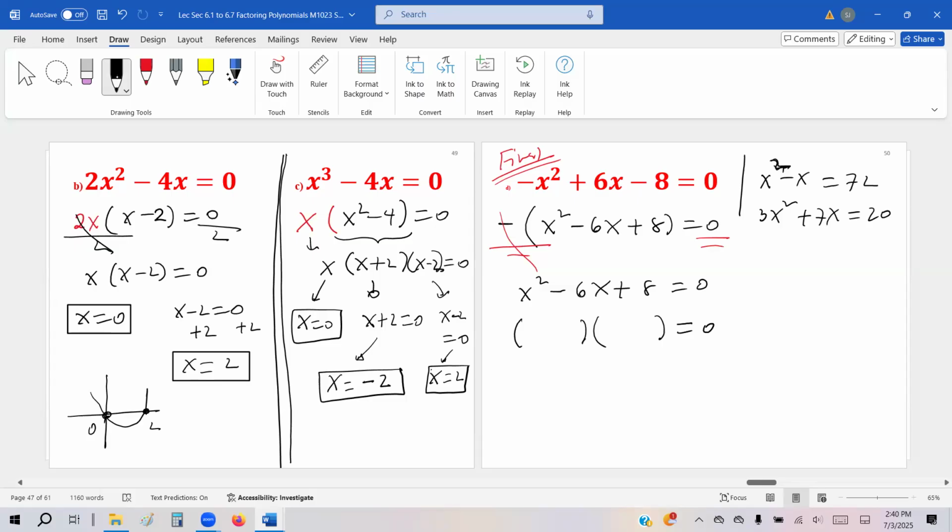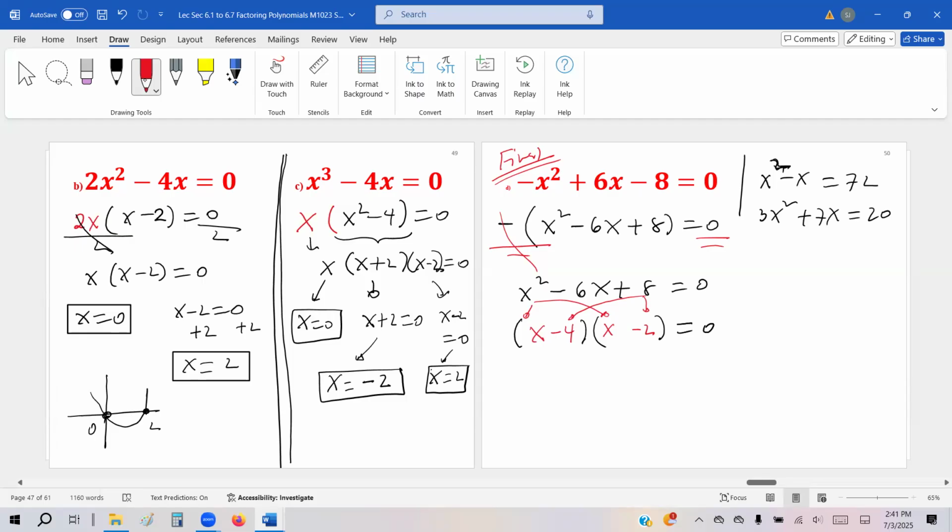The direct factoring says find two numbers, multiply to 8, combine to negative 6. So you split your x squared into x and x, and you split your 8 into two numbers. Which two numbers multiply to 8, combine to negative 6? Negative 4 and negative 2.